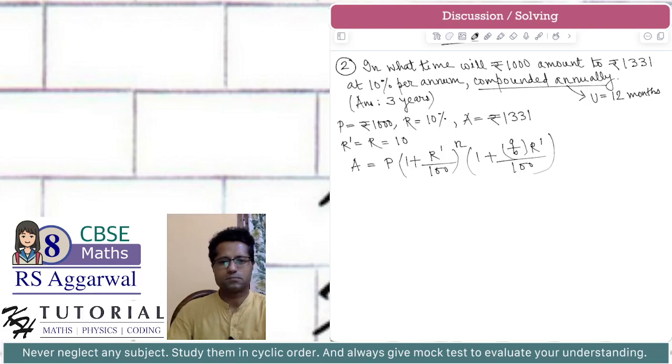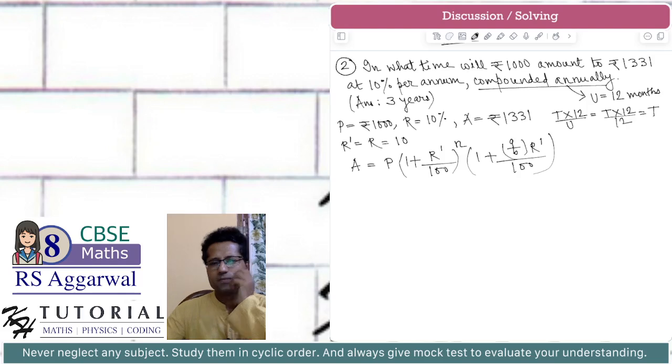Now obviously we have to find T multiplied by 12 by U, which is equal to T multiplied by 12 by 12, which is T. Now, okay, let's see.